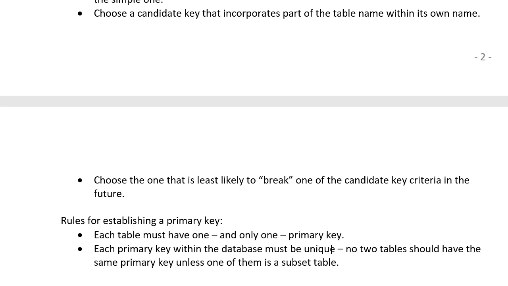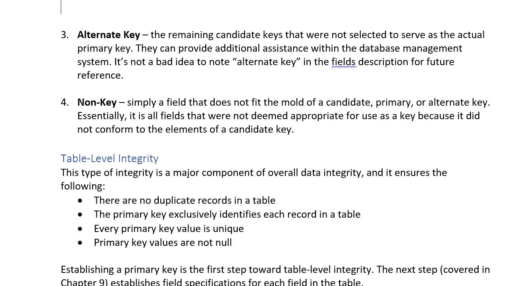That primary key has to be unique, and no two tables should have the same primary key unless one of them is a subset table. And again, subset table means you're linking it back and there would only be a one-to-one relationship there. So we've been talking about candidate keys and primary keys.